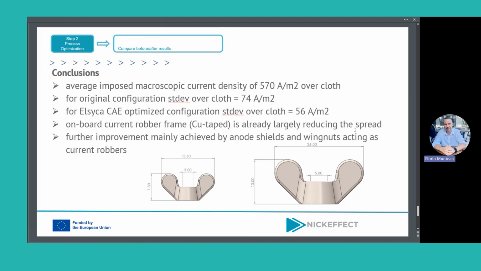But what we did, we further improved it by adding these wing nuts, bigger ones, acting as the current robbers. And by doing that, we were able to get a more uniform distribution over the surface of the cloth.